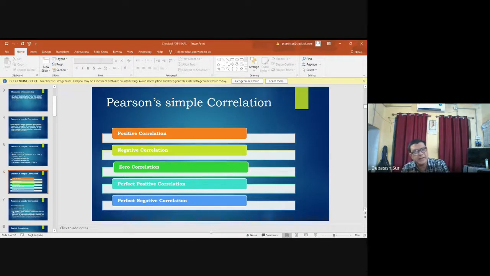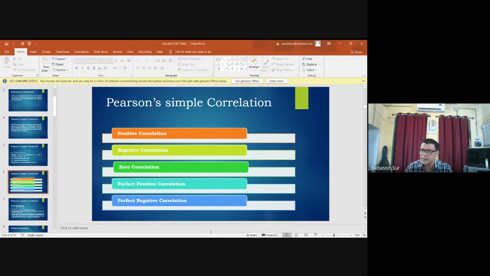And next one is perfect positive correlation. If the values of the two variables x and y move in the same direction, and if there is a linear relationship between them, then the correlation is called perfect positive correlation.